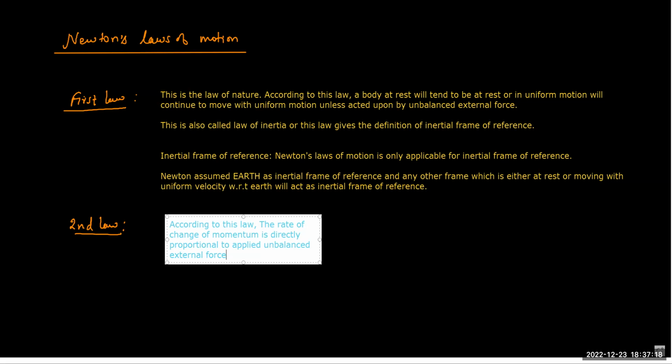If you have seen the rocket in Diwali, when you burn the rocket, it goes up, right? The burning fuel creates the internal force. The fuel leaving the rocket creates a thrust, powerful enough to take the rocket against the gravitational attraction. So the force must be external force, the force which you apply externally. So this is the law: the rate of change of momentum is directly proportional to applied unbalanced external force.